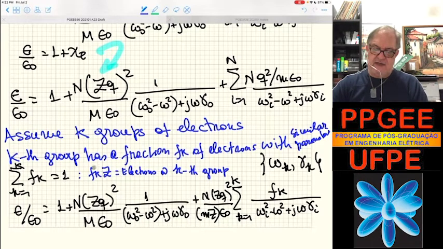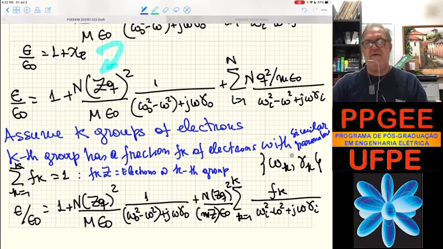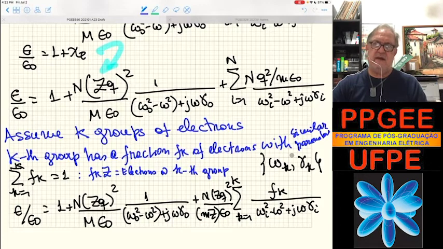So the fraction times Z, which is the atomic number, is the number of electrons in the kth group with the same properties. So what are those properties? Well, they have the same resonance frequency and the same damping frequency in the given group. If you have only one electron, it's going to be only one, but it might have more electrons that are similar. Degenerate electrons having similar properties.